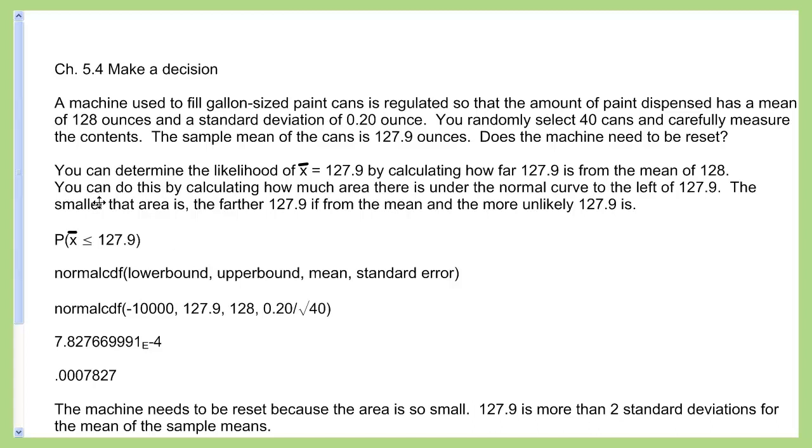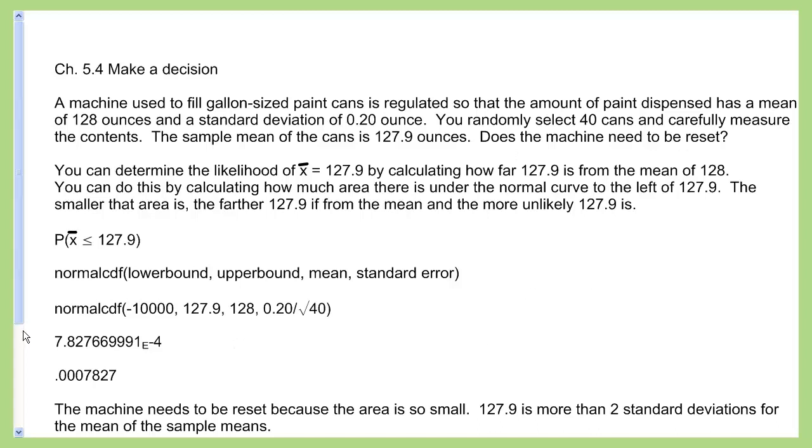You can do this by calculating how much area there is under a normal curve, what's to the left of 127.9. The smaller that area is, the further 127.9 is from the mean, and the more unlikely 127.9 is going to be correct. So then the machine will need to be reset.